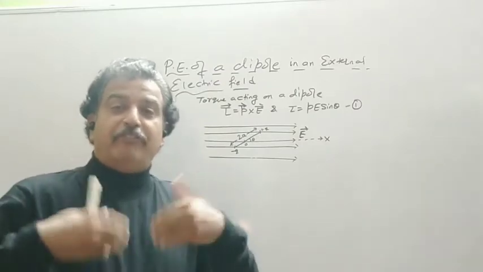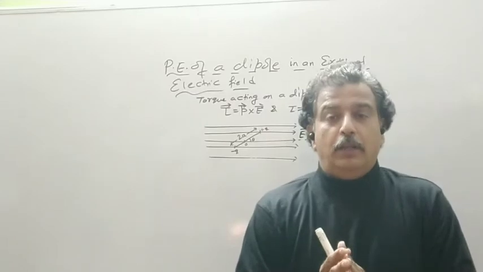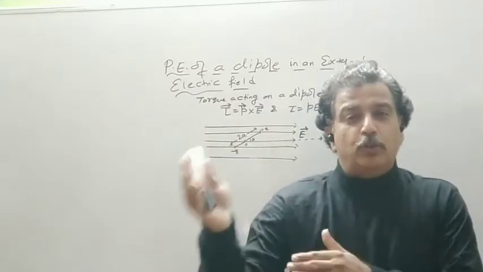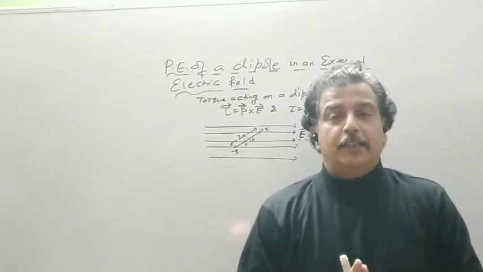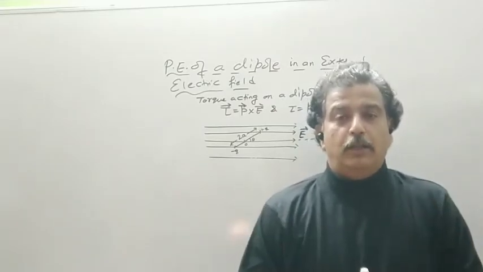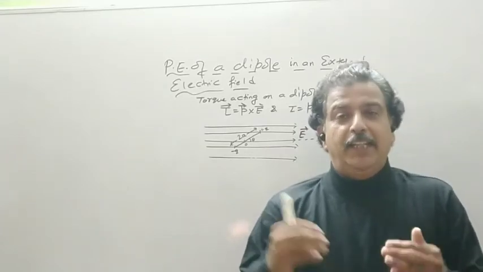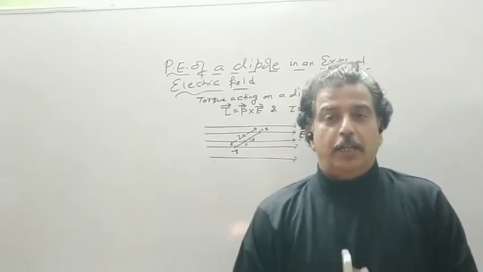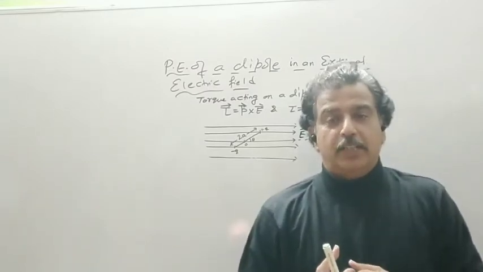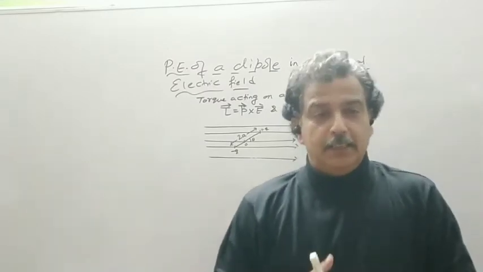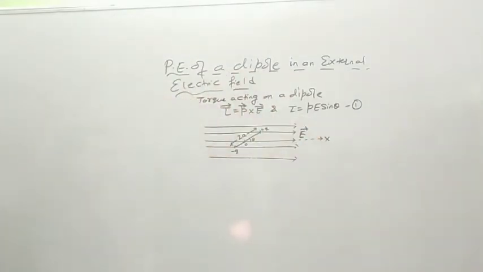So if I spend 5 joules to rotate the dipole from 0 degrees to 30 degrees, now if at 30 degrees I release the dipole, it will again come back to its original position, and in an ideal situation it should give back that 5 joules of energy which was stored in it. So what should be the formula for the potential energy of a dipole?